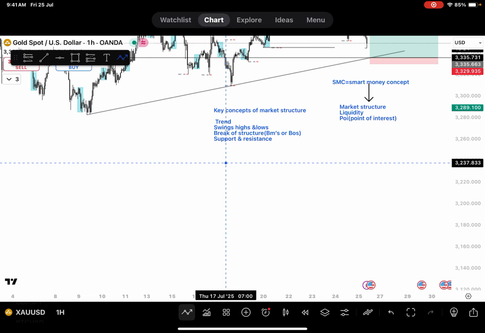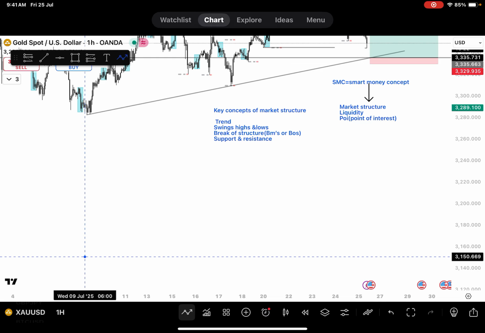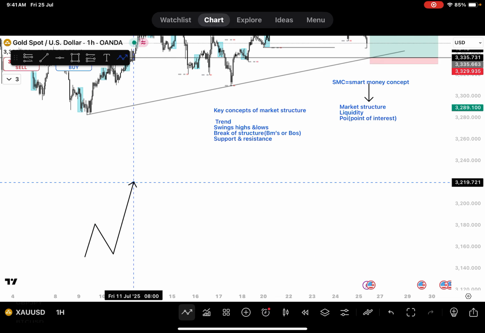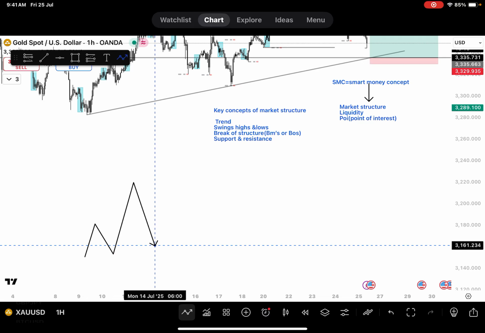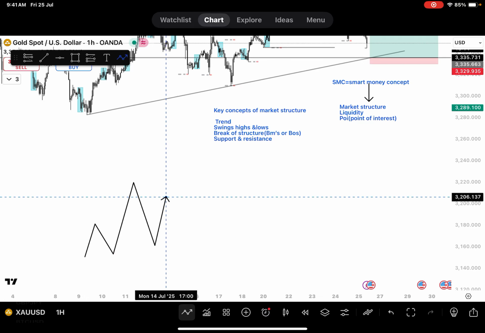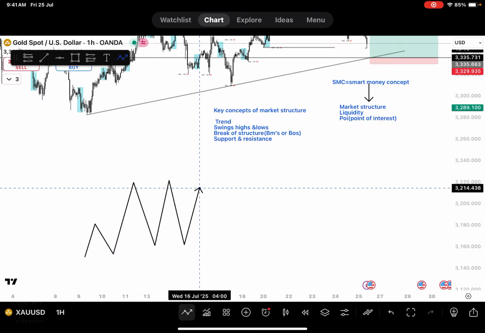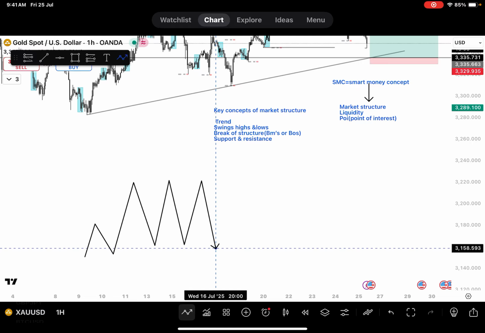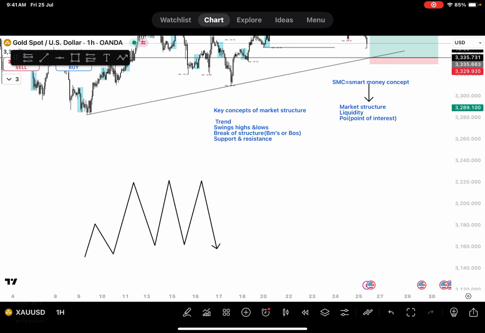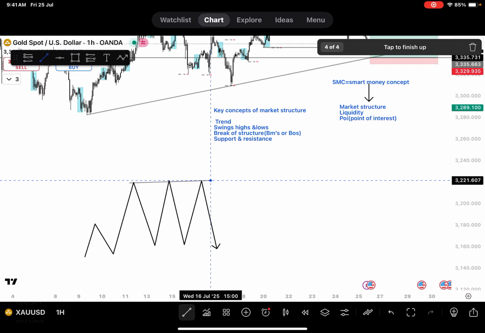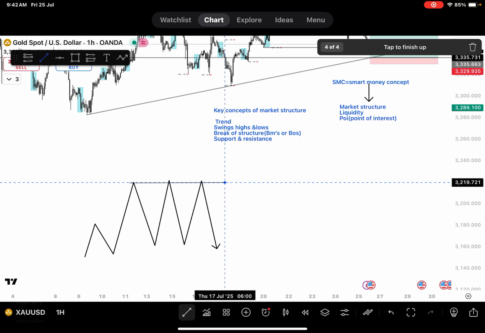Now the resistance level is where the market is maybe coming from a downward trend. The market is going up like this, gets to a particular point, price refuses to break there, comes down, gets to that place again, refuses to break structure, comes again, and still refuses to break structure and comes down like this. Now this particular level here is what we refer to as a resistance level.